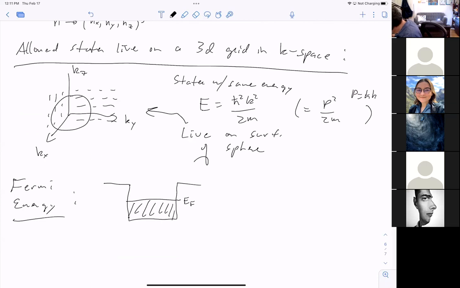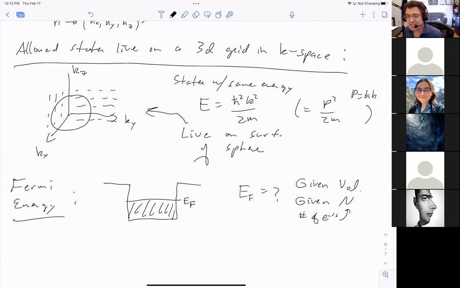And so let's ask ourselves, what is the Fermi energy? So suppose we're given the volume of the crystal and we're given n, the number of electrons, then what is the Fermi energy?